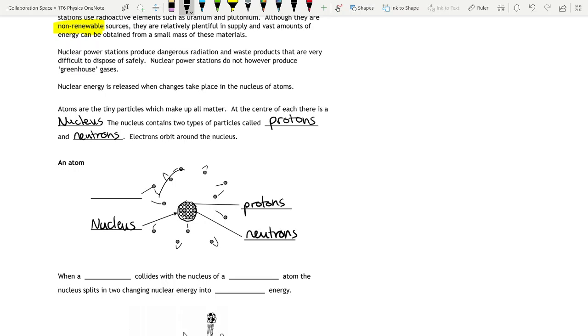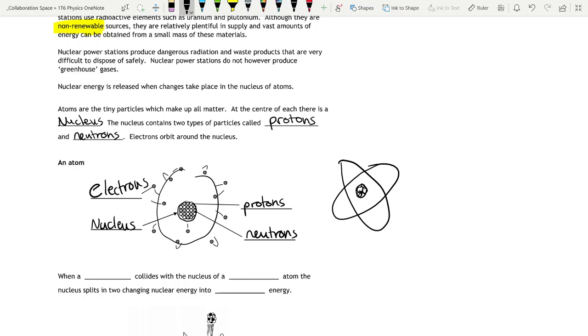And as I said, around the outside, we have electrons. Okay. Sometimes, especially if you've watched Big Bang Theory or something like that, you see your nucleus in the middle, and then you quite often see them drawn like that. Those semicircles are just where the electrons might be as they're spinning around.